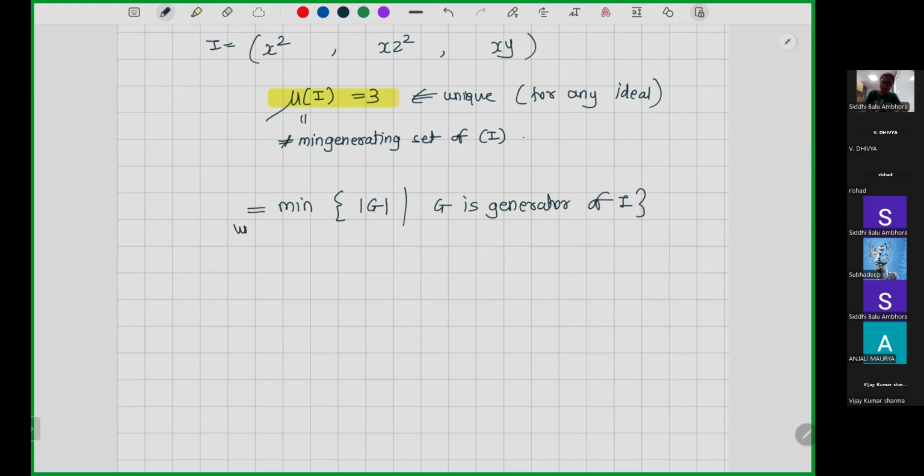This will be unique, and this is what my mu I is. So the cardinality of the minimal generating set is always unique.